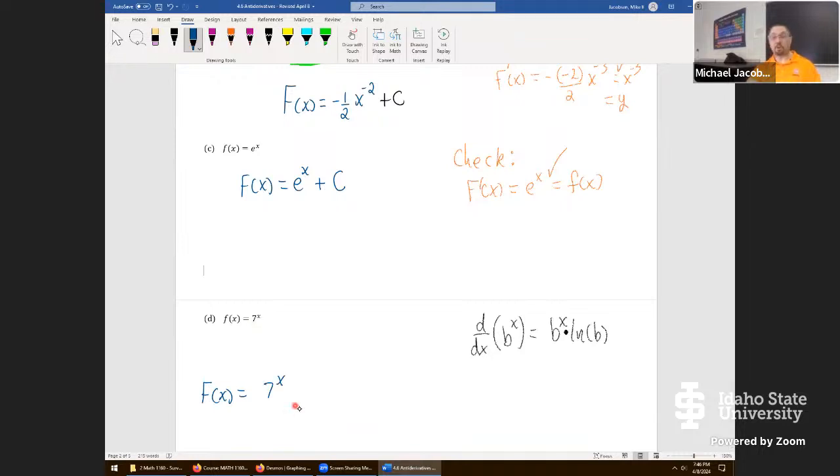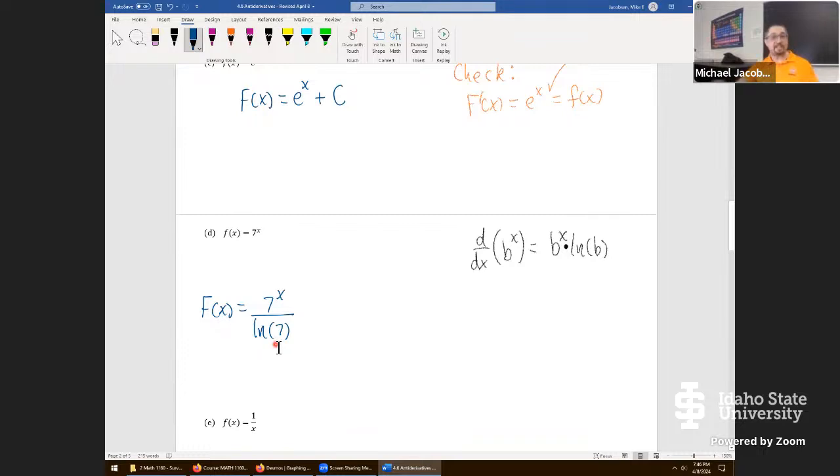So there it is. That should be part of the answer. But now, if we were differentiating, we would have multiplied by the natural logarithm of the base. If we're doing an antiderivative, we divide by the natural logarithm of the base, which is 7. So my claim is that that's the answer right there. Oh, almost. We still need the arbitrary constant c.